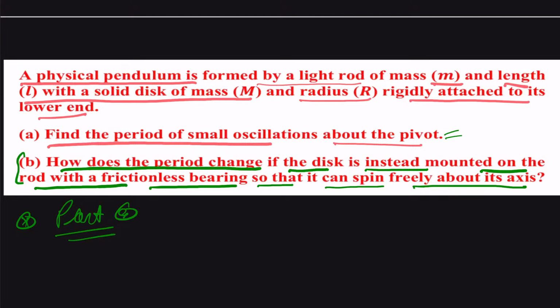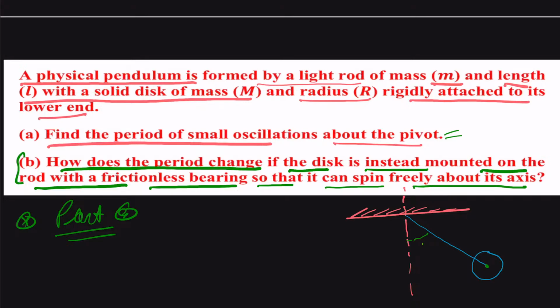In part A, suppose this is our support and it is vertical, and to this we have a light rod, and to this light rod a small solid disc is attached at the free end. And it is tight, it's not free to move.